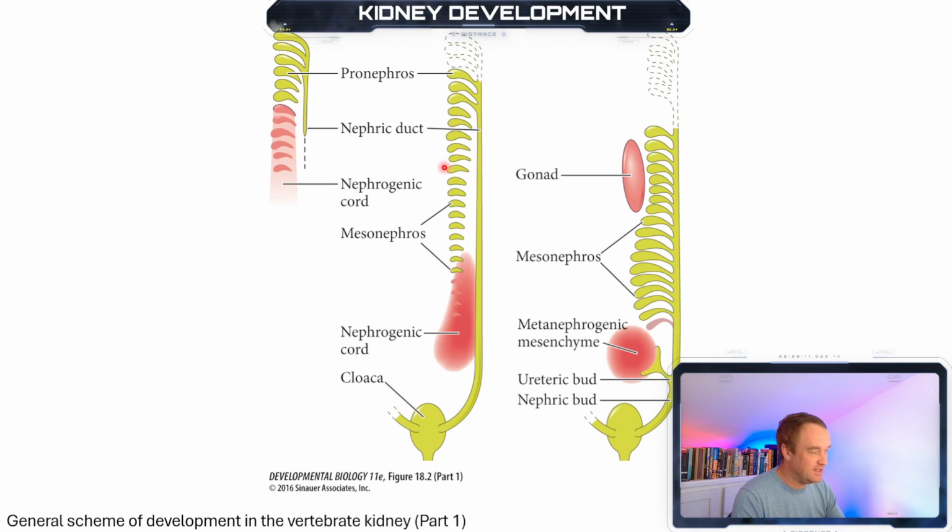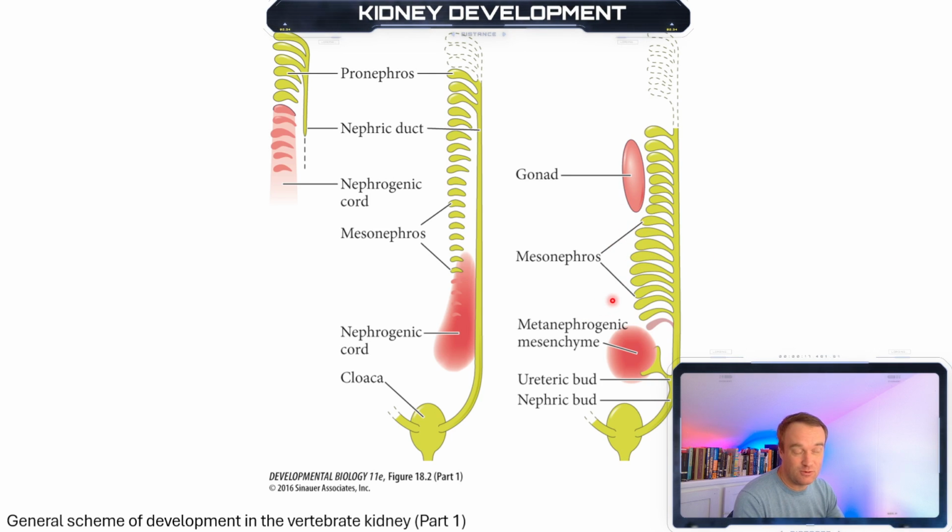And then we have the mesonephros, which is these little additional longer fingers here that are laid down. Those are the second intermediate kidney structure, I guess is the best word for it.